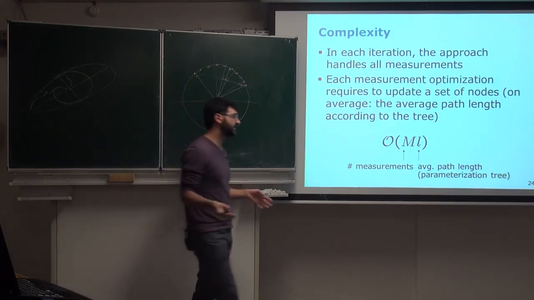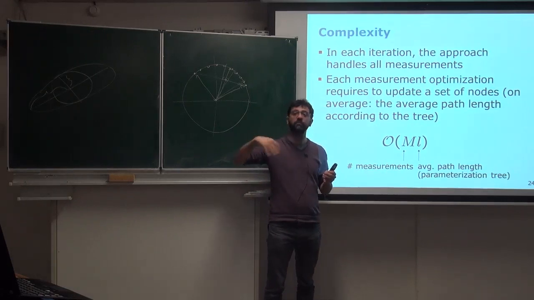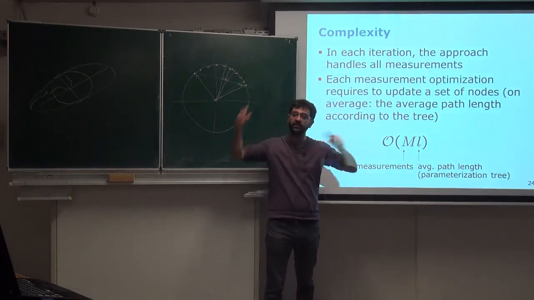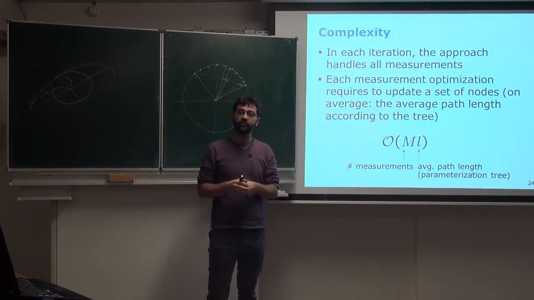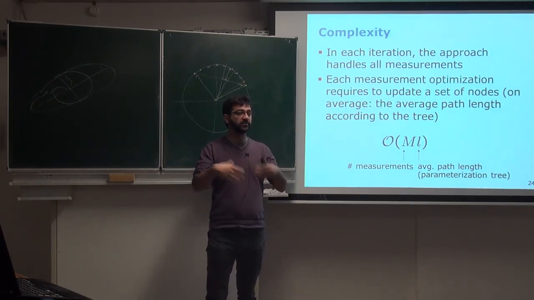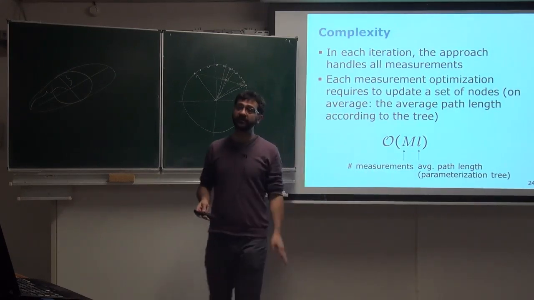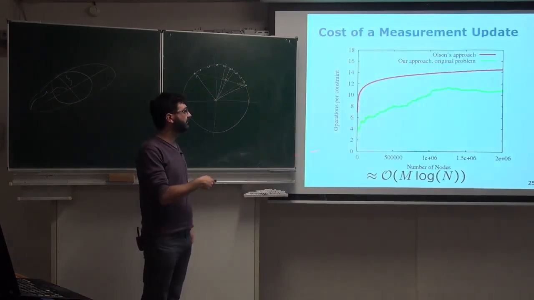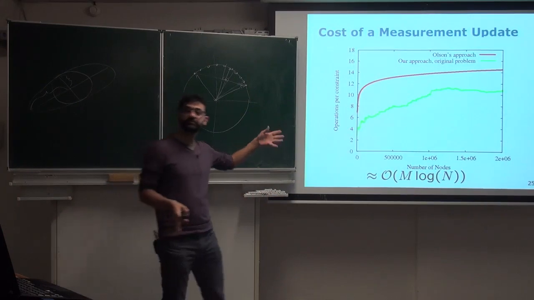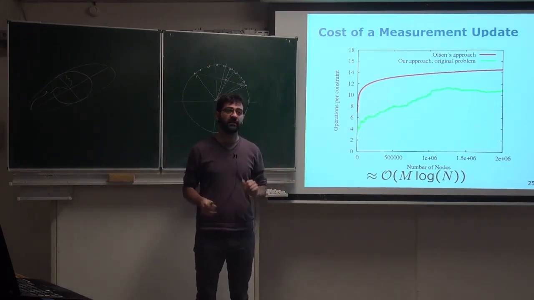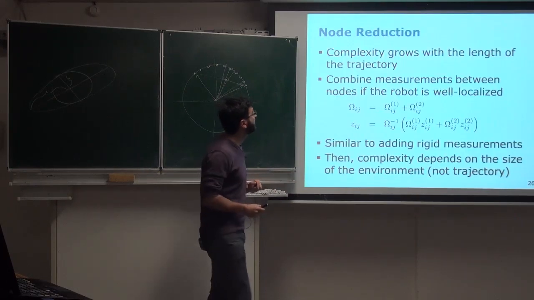Okay, it's not always the case, because it might be that the robot explores much more in one direction than another, so you need to change the initial frame. But if you really do it properly as a balanced tree, as you will do in algorithms and data structures, when you do search trees and so on, you can then have some stronger guarantees on the average path length. But in general, it gets quite close to m log n. Okay, so no theoretical bound, more like empirical evidence, but that's roughly the complexity, or at least the average case complexity in some way.